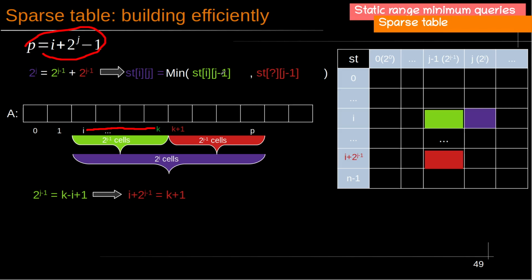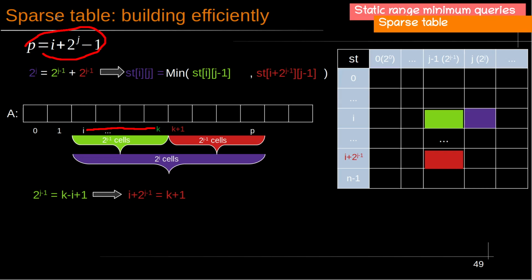So the row here, if we want to compute St ij, we can use these 2 cells, St i j minus 1 and St, the row now, i plus 2 power j minus 1, this is the row, and the same column j minus 1.